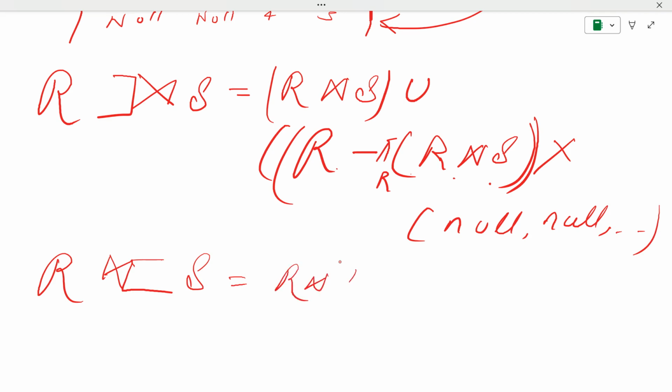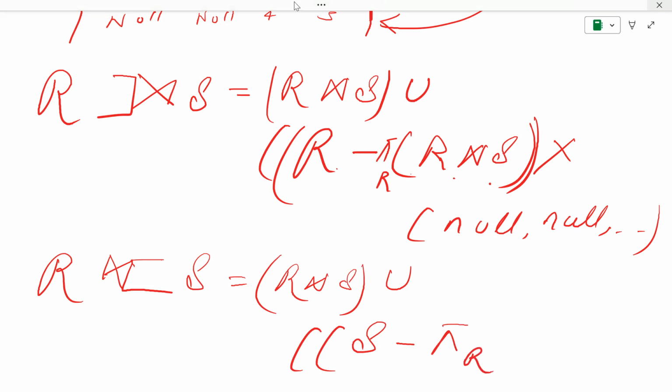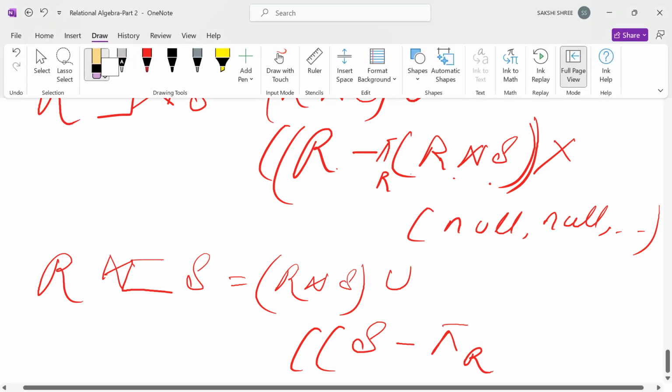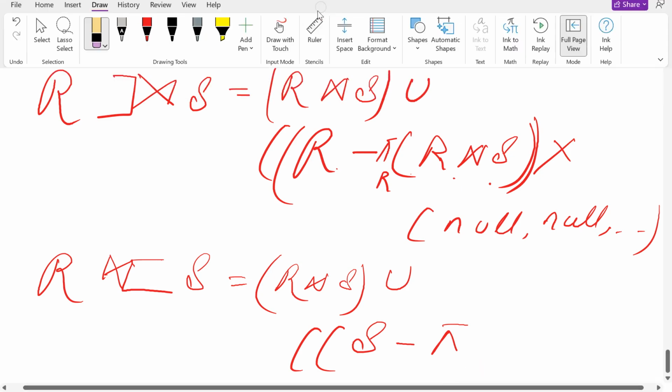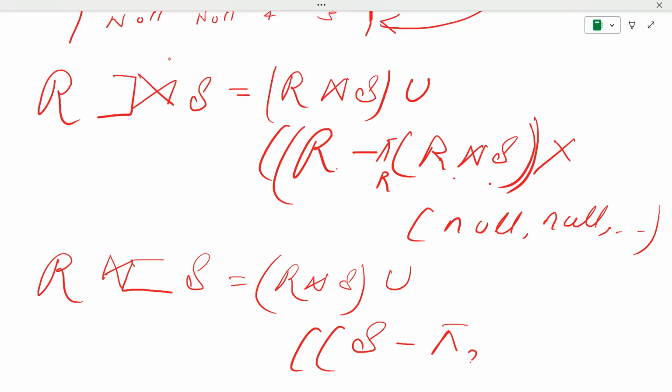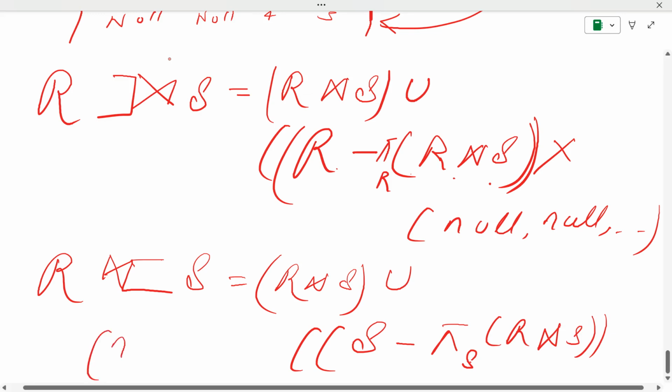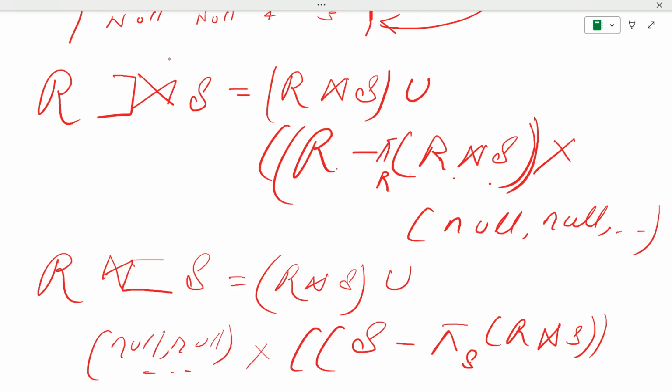It is a natural join of R and S, and then we are doing union, and we are also adding the records of S which failed the join condition of R join S. Here we need to append the number of nulls for the number of attributes in R which are not in S, and we are multiplying it with this.